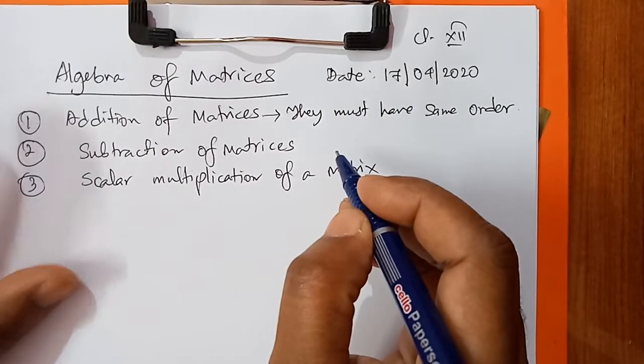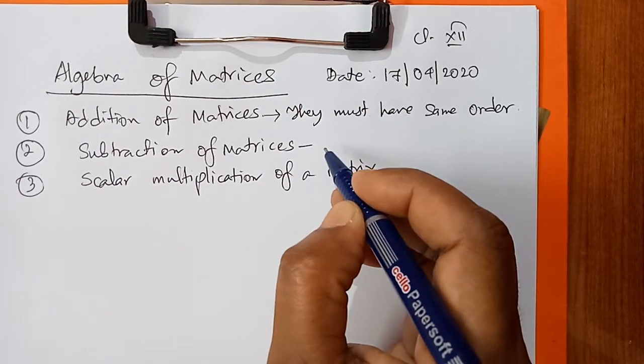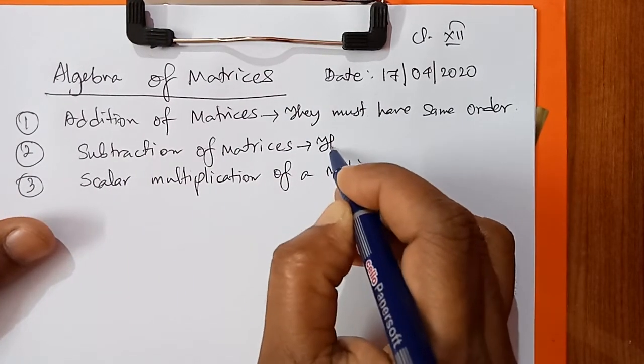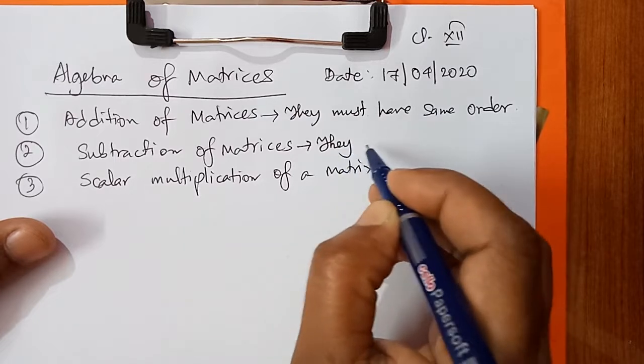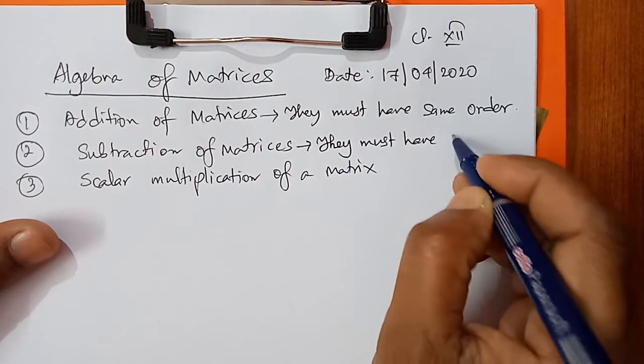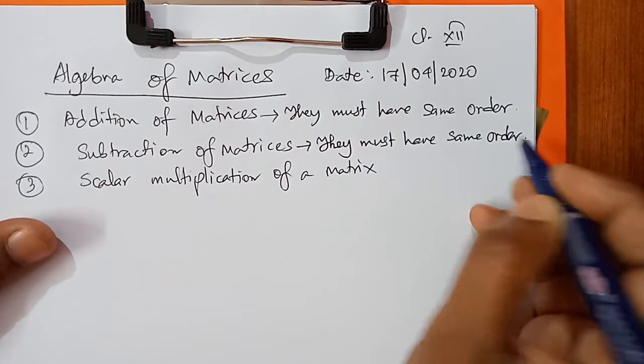And in the same way for subtraction, when you subtract two matrices, the matrices must have the same order.